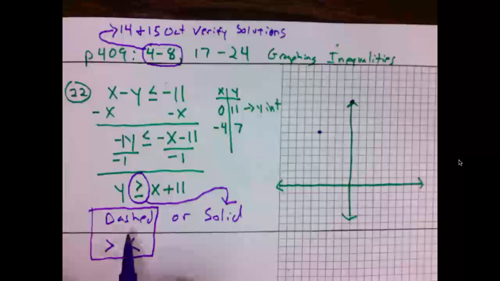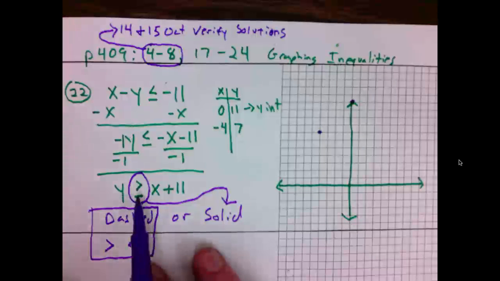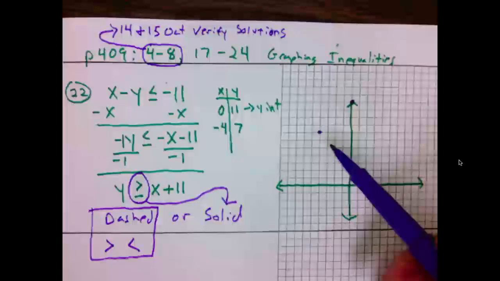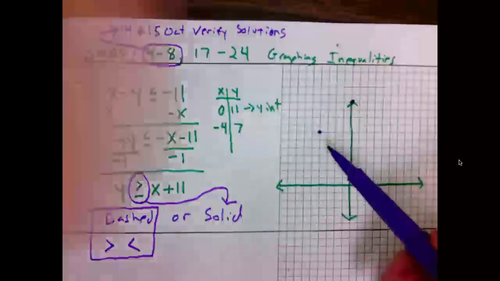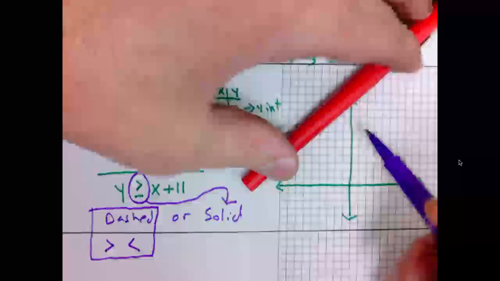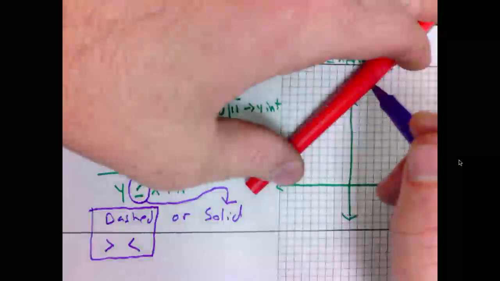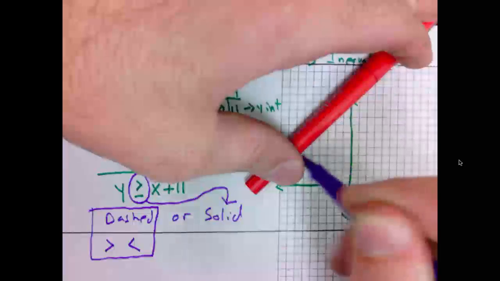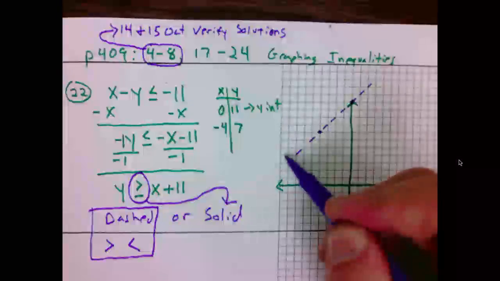When we have an equal to, solid line. So I'm going to connect these 2 points with a solid line using a straight edge. And there is my line.